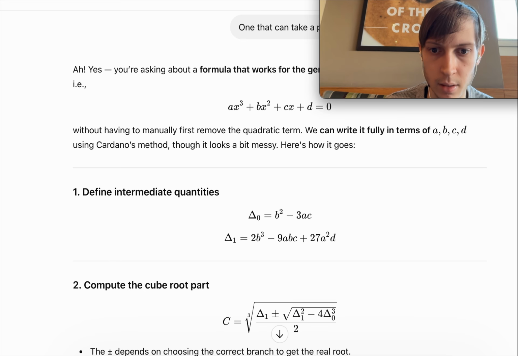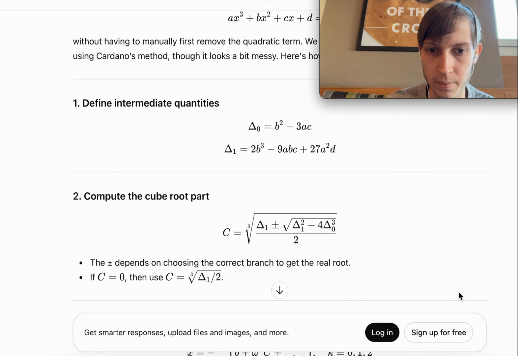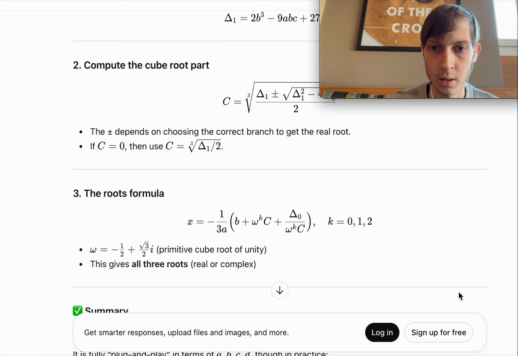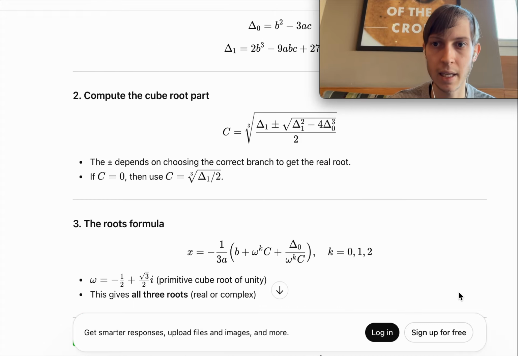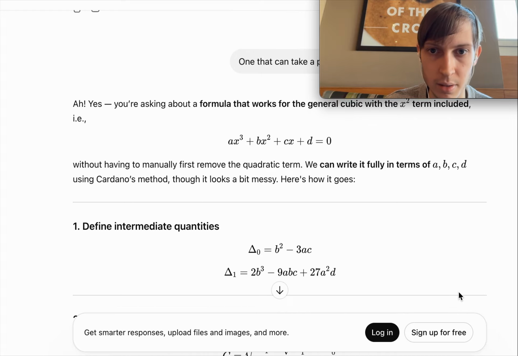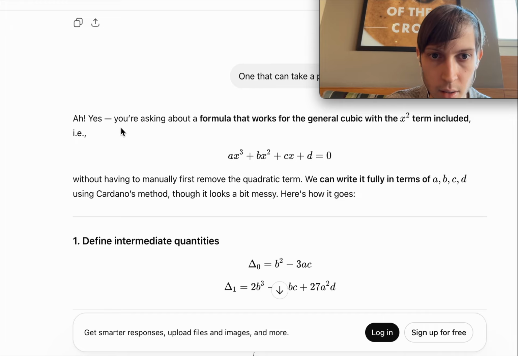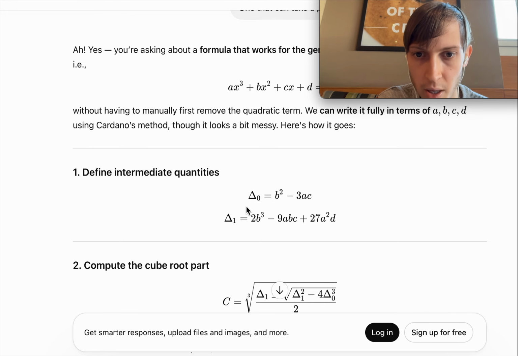Oh, okay, so it's not so simple anymore. It actually gets harder. The explicit formula with just simple expressions is when you remove the second degree. You ask about a formula that works with x squared included. So we have to write it in terms of Cardano's method.